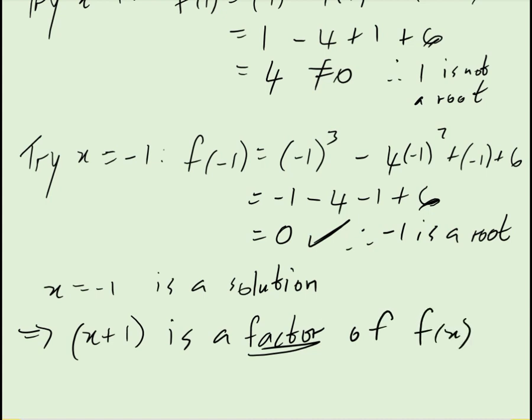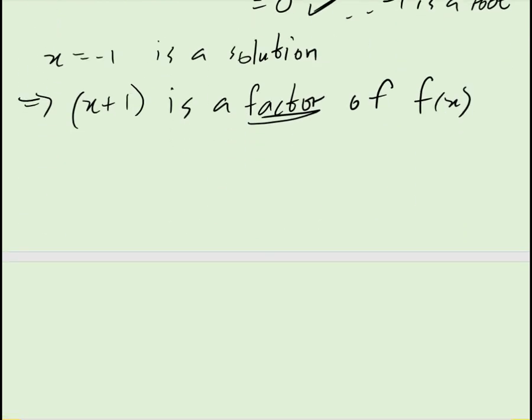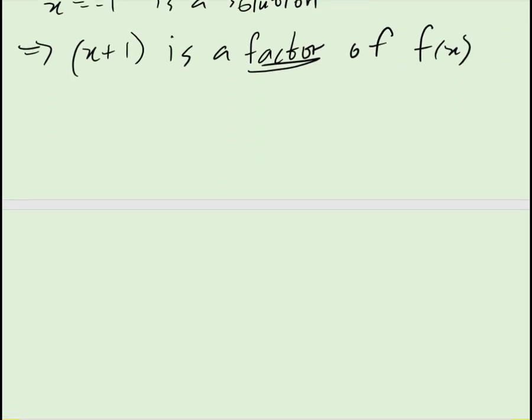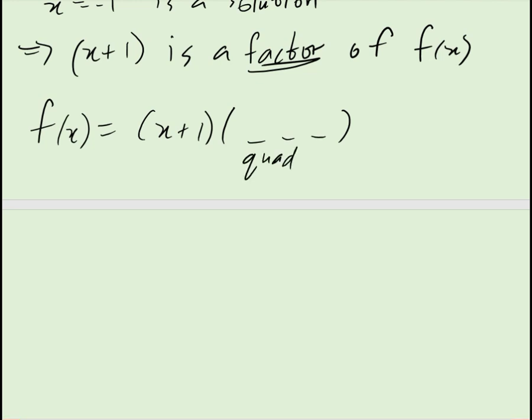So what this means is that we can write f of x as x plus 1 times some quadratic. And this will be a quadratic, so this will be something like ax squared plus bx plus c.